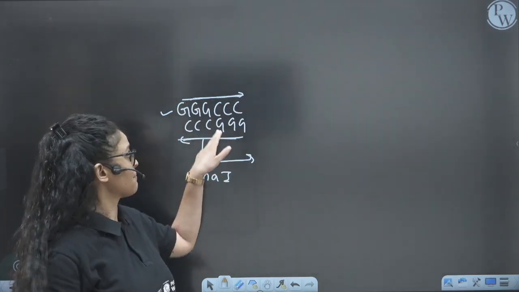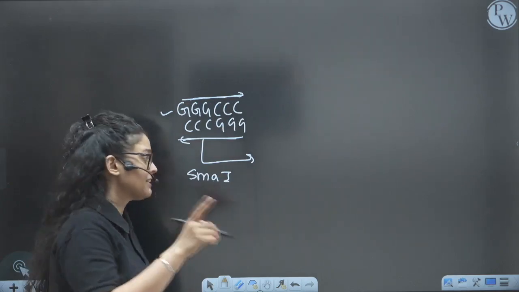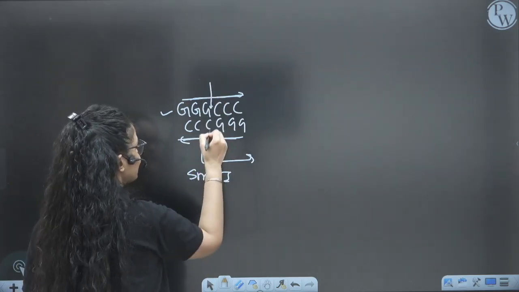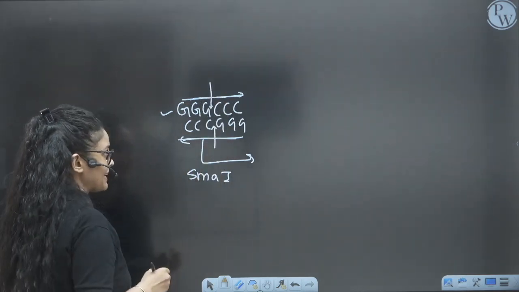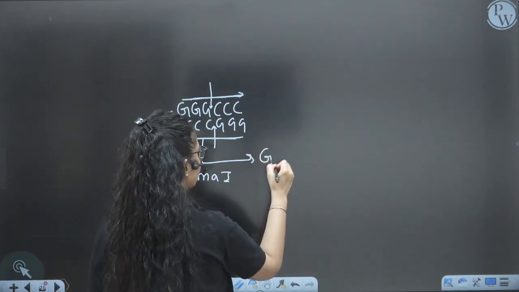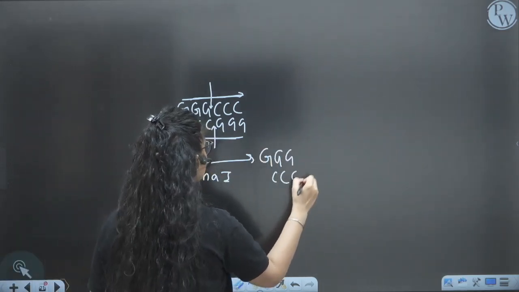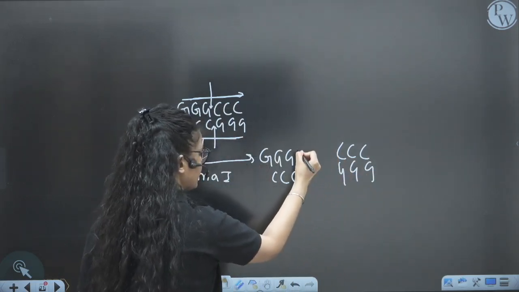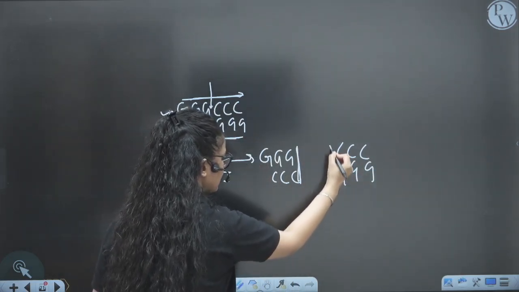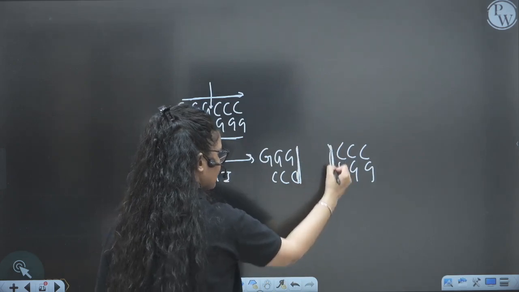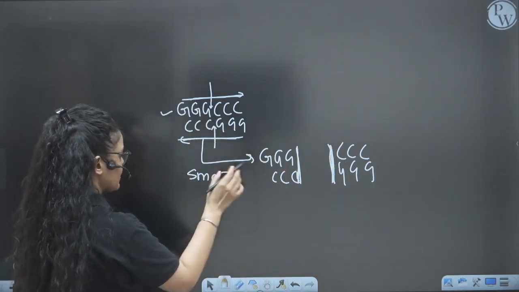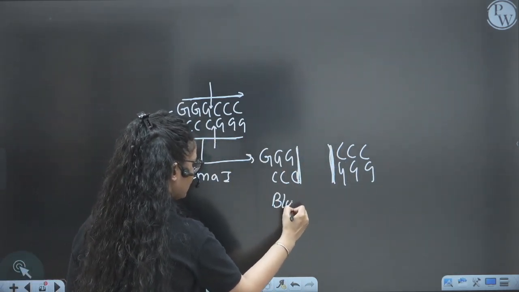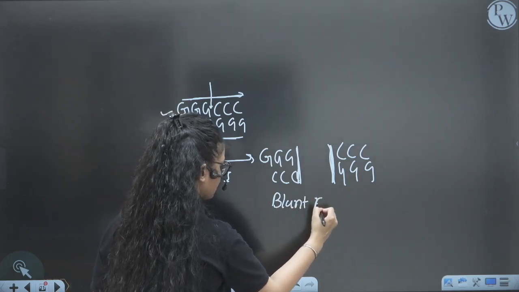That means this is the palindromic sequence. And this enzyme cuts at the center of the recognition sequence and gives us the DNA fragments this way, right? So it will give the blunt end, meaning no single stranded overhang. This is how we get the restriction enzyme product. So this is the blunt end, cutting from the center, right?